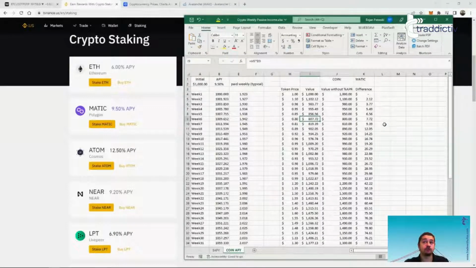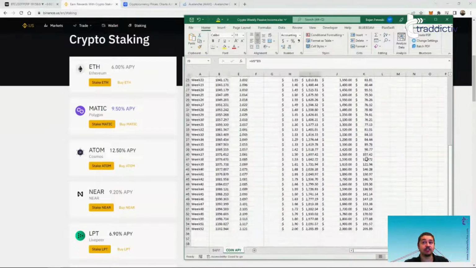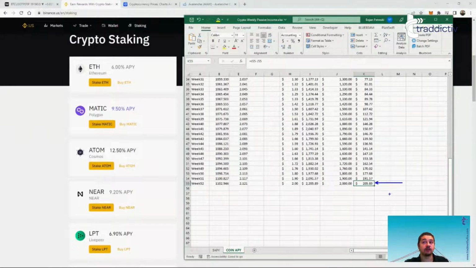However, you do have some additional value here, as you see, 772, that you've made just by holding it for that period, just by staking it for that period. And as time keeps going, that value keeps growing to the point where the dollar equivalent value, without any implication of what the token was, you've gained on value just by having it staked.